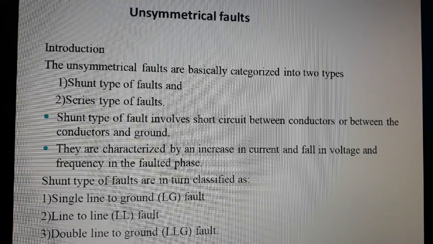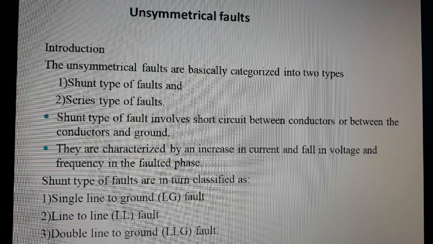Today let us move on to module 4, unsymmetrical faults. Coming to the introduction, as we have dealt with different kinds of faults in module 2, the faults are broadly classified into symmetrical and unsymmetrical. The unsymmetrical faults are again categorized into shunt type of faults and series type of faults.